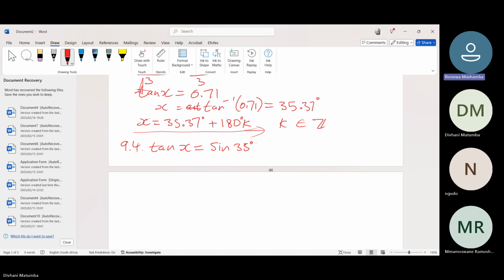We would have to solve for sine 35, which is 0.57.